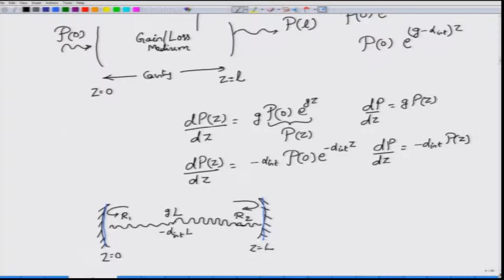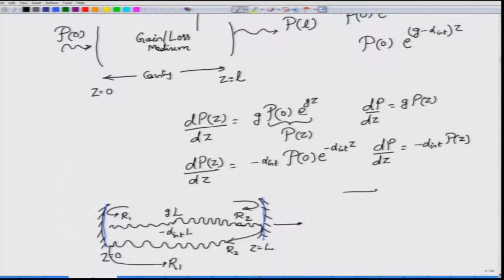At this point there is a reflection, and R2 times the input is reflected back. Some power, 1 minus R2, is escaping outside, but let us not worry about that one. The reflected power is R2, which will again travel all the way up to the input. At this point there would be further reflection, right. R1 times this power would be reflected.